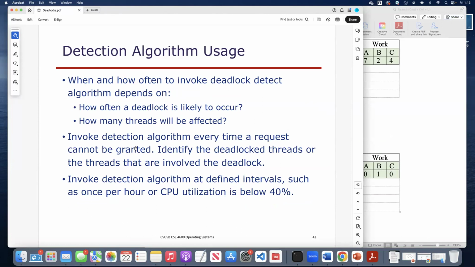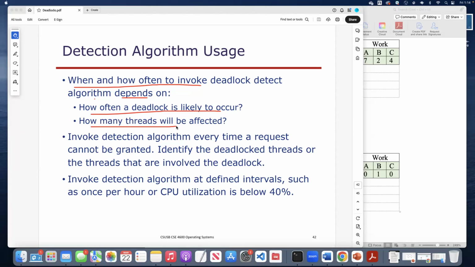Now the next question is when and how often to invoke this deadlock detection algorithm. It depends on how often a deadlock is likely to occur and how many threads will be affected. If deadlocks occur frequently, then the deadlock detection algorithm should be invoked frequently. So normally the deadlocks occur only when some thread makes a request and cannot be granted immediately.